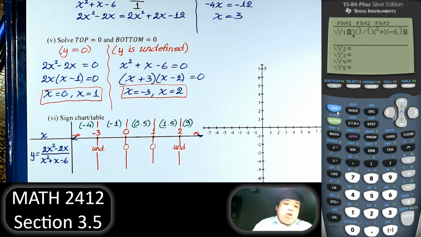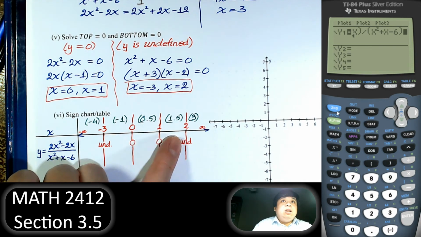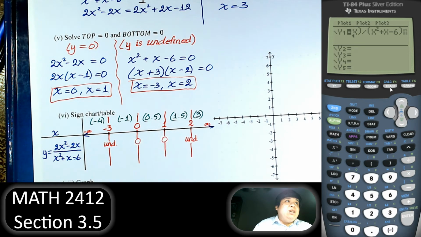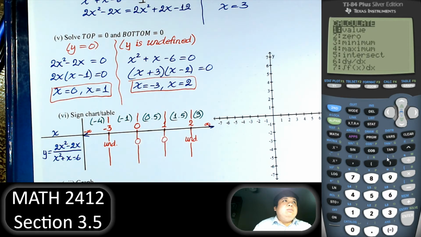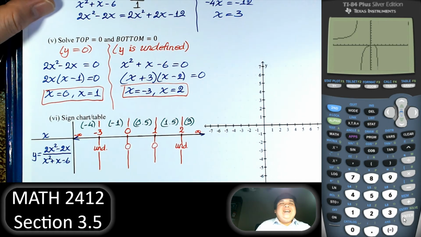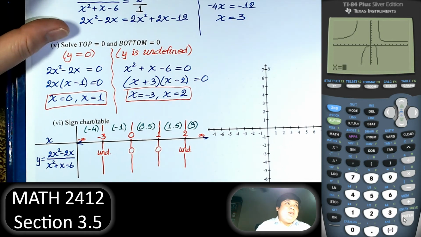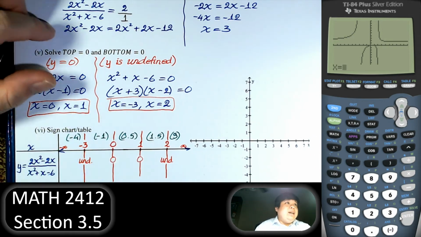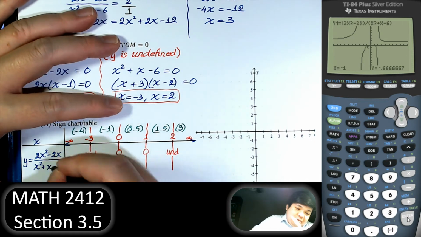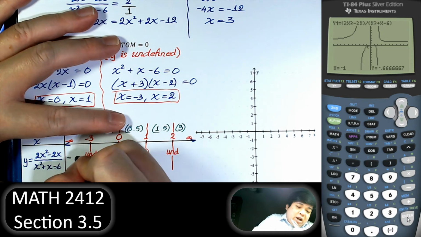Of course, if we hit the table, there might be some numbers that are not integers, so we have to hit second, calculate, and get the values. Of course, they give us the graph too, but we're going to use the graph and put the values. For -4, it is -667, so that's like -2/3.